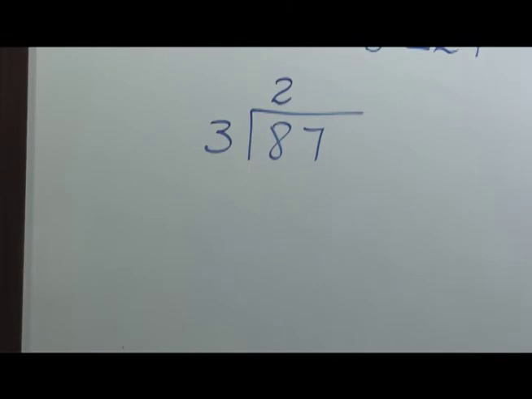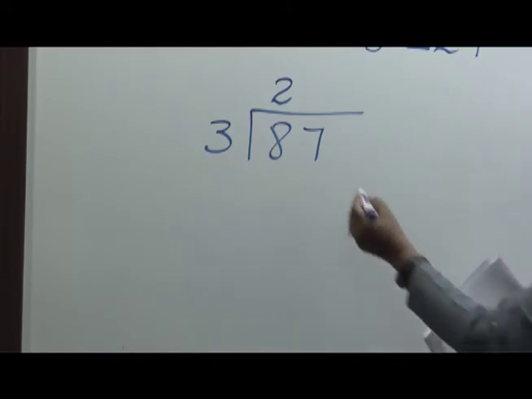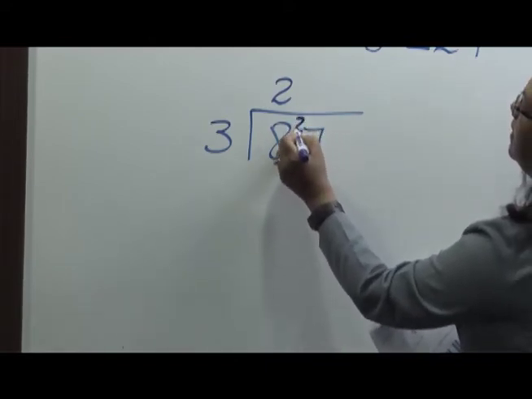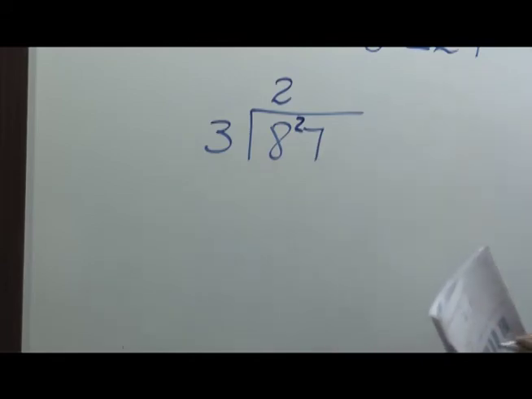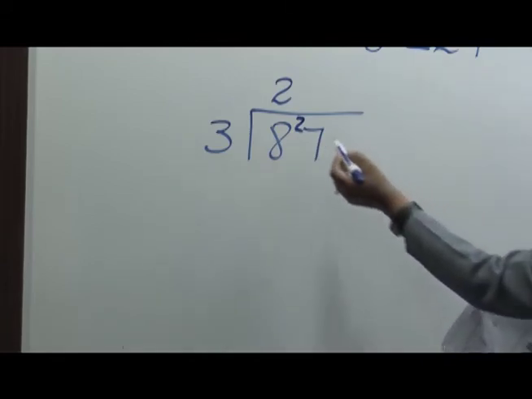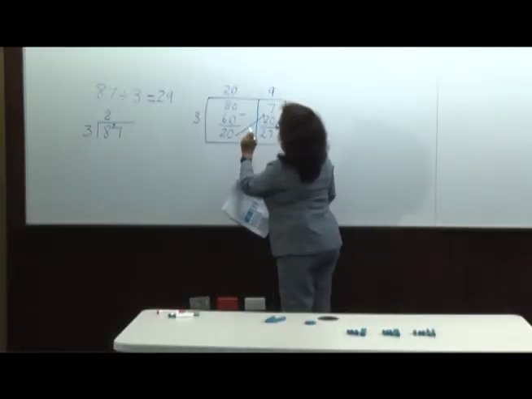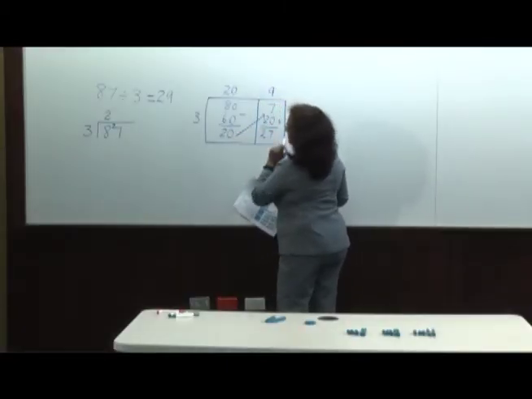But we know that 2 refers to 2 tens. So I'm going to take that 2 tens, and I'm going to add it to my 7 ones. And this is what we do here. And please remember that that 2 here represents 20. It represents this 20, right?